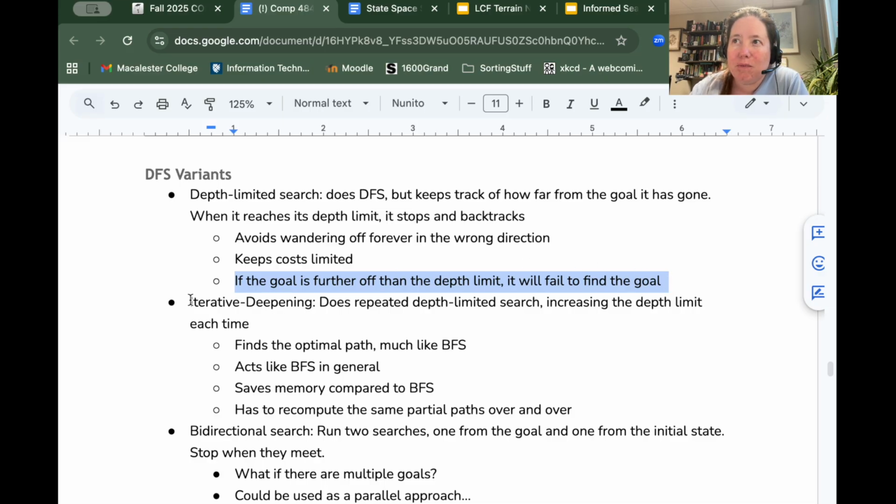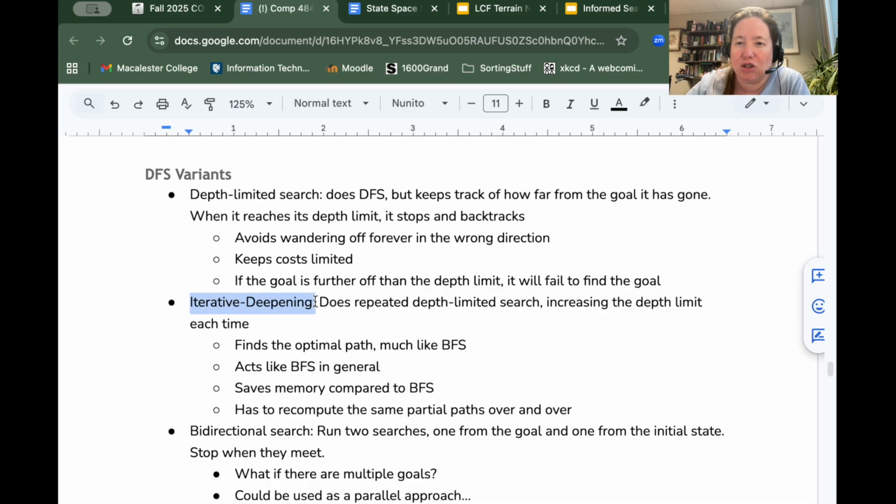So iterative deepening is a fancier algorithm. And on the surface, it seems like it's just addressing that last point. It just repeatedly performs depth limited search, gradually increasing the depth. So it'll try searching up to X steps away, and if that doesn't work, then it'll redo the search, but go further.